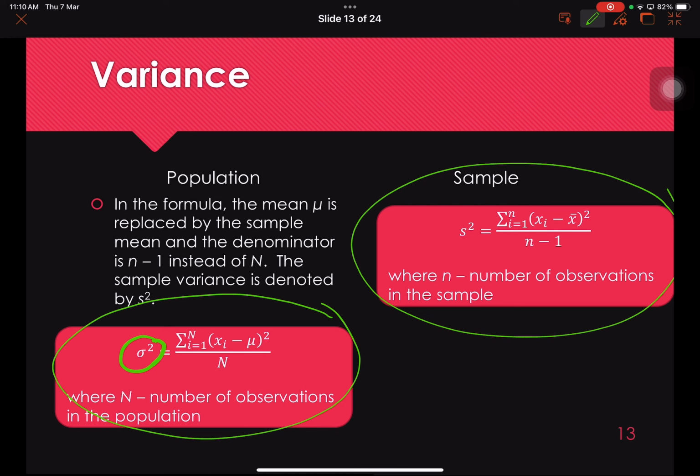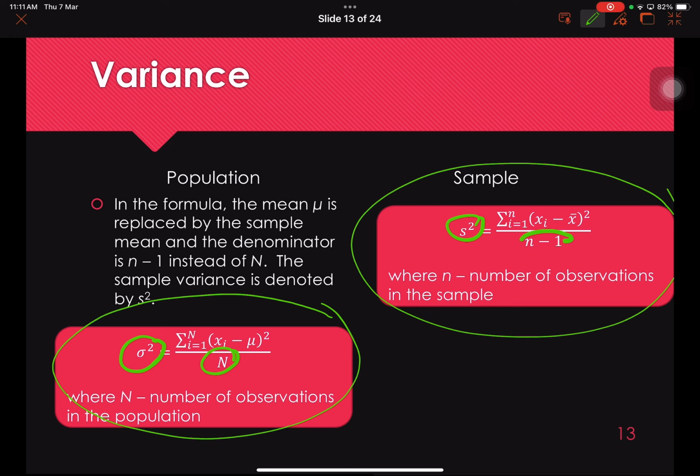If you use Greek letters, it means population. If you use normal letters, this one is S squared, so this one is sample. Clear? Greek letters or normal letters.